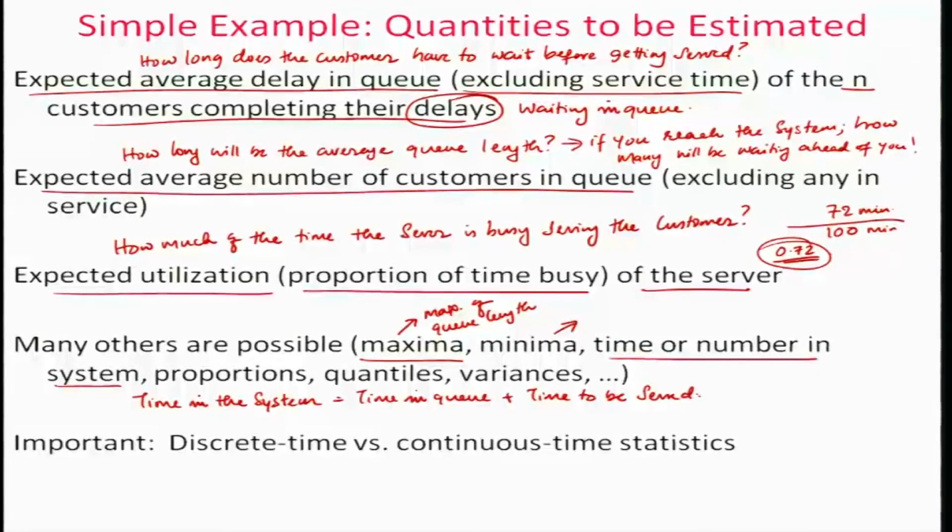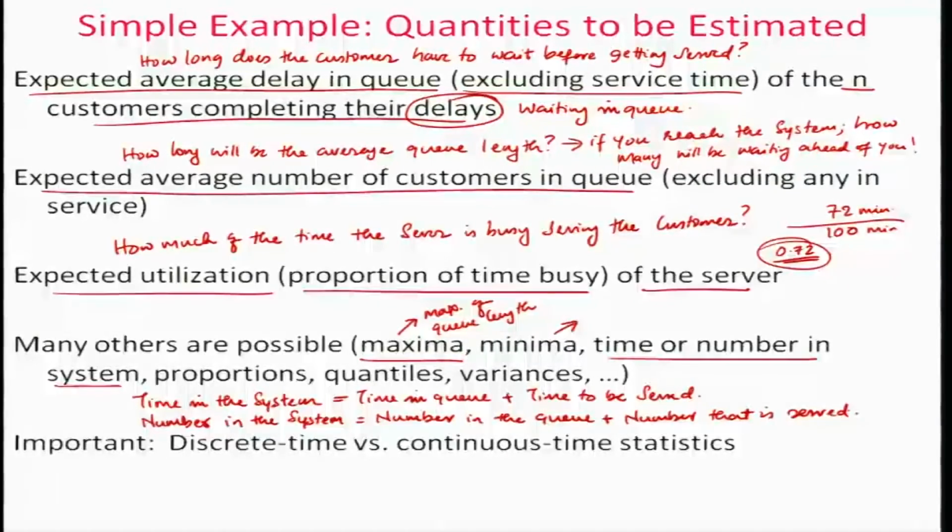The number in the system is equal to the number in the queue plus the number that is served. So, time in system and number in the system can be taken care of.